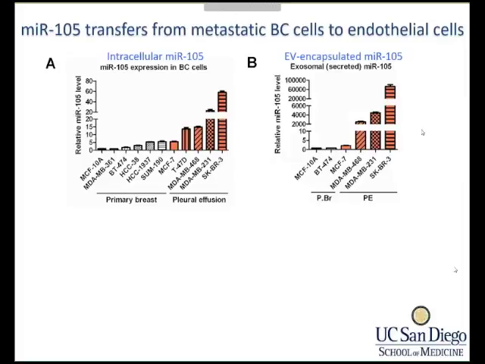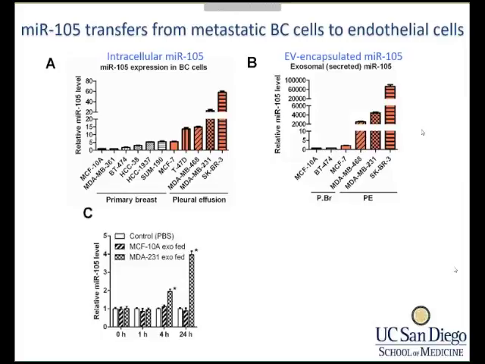So from here, we further studied the recipient endothelial cells and confirmed that exosomes secreted by breast cancer cells can indeed transfer the microRNA miR-105 to the recipient endothelial cells, whereas endothelial cells typically have a low endogenous expression of this microRNA.